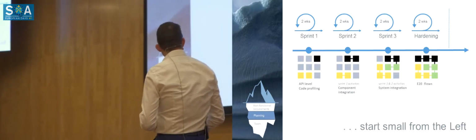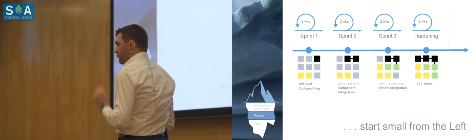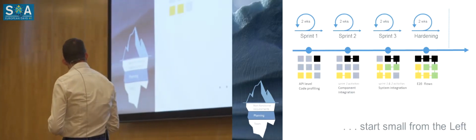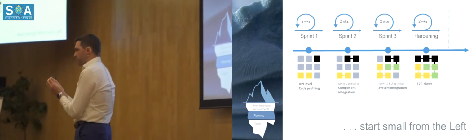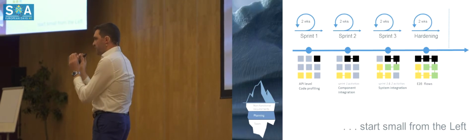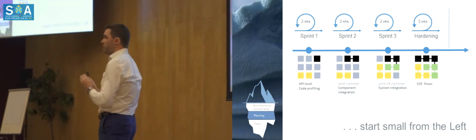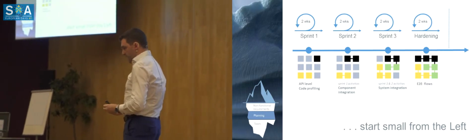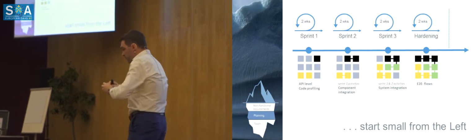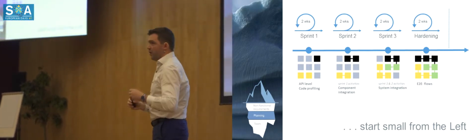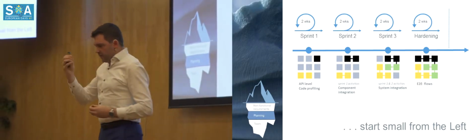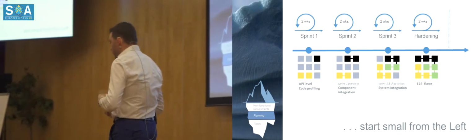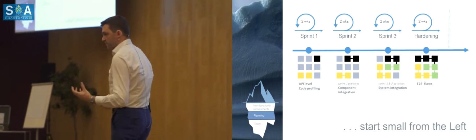So my recommendation is start small from the left. And what does it mean? Already in your first sprint, on very small components, you can do performance testing. And that can often be just a function, a call to a web service, but even profiling of a query.